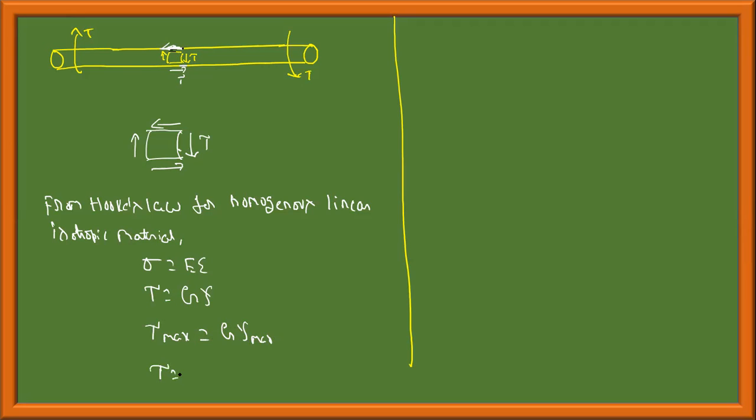In any intermediate layer, I can also write tau is equal to G into gamma, at some radius rho.